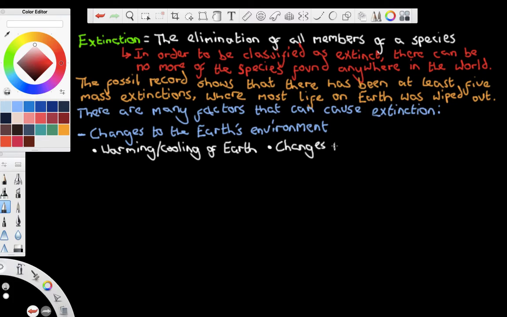So changes in seasons / ocean currents. And it can also include the moving of continents. So moving of continents.